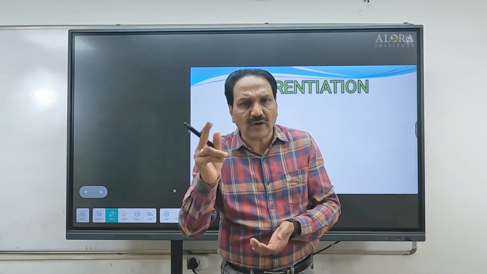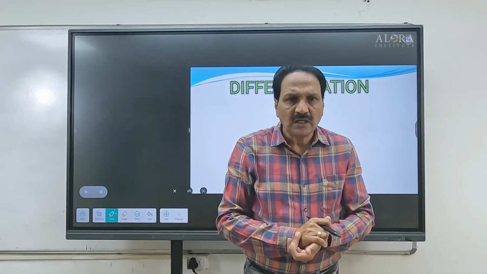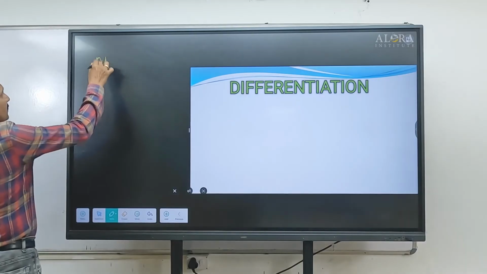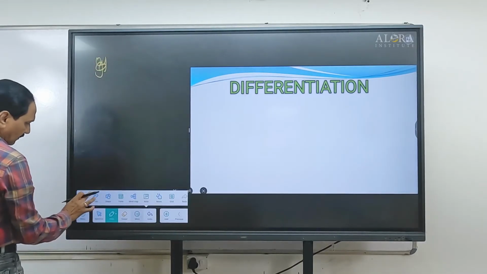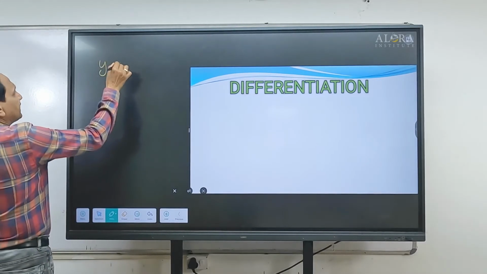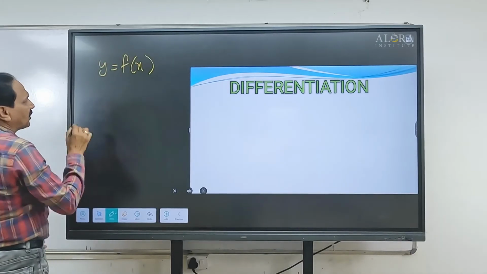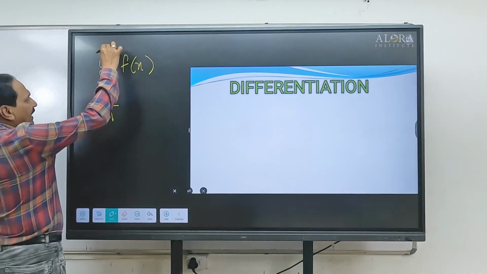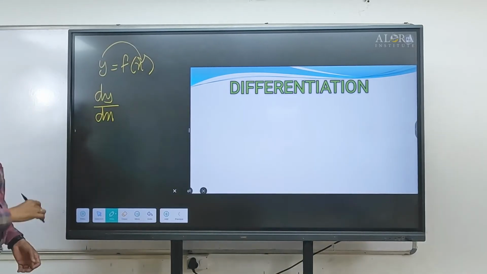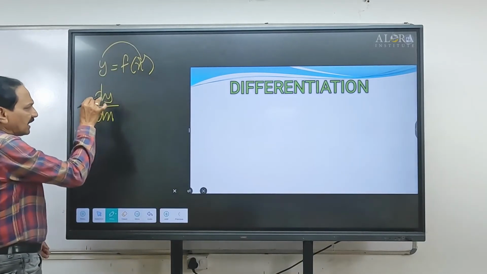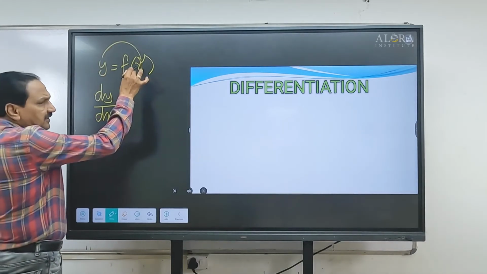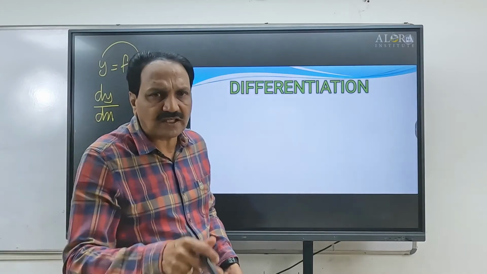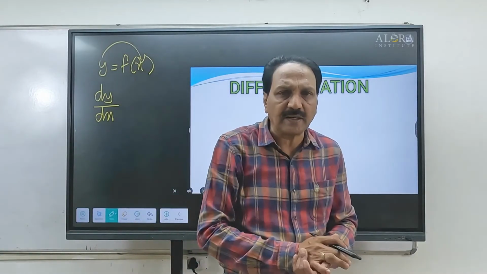Suppose a function is given, y equal to f(x), you can go for the differentiation of that function with respect to x. If y depends on x, you can go for dy by dx. If y depends on theta, dy by d theta. If y depends on t, you can go for dy by dt. That's called differentiation of a function with respect to the independent variable.